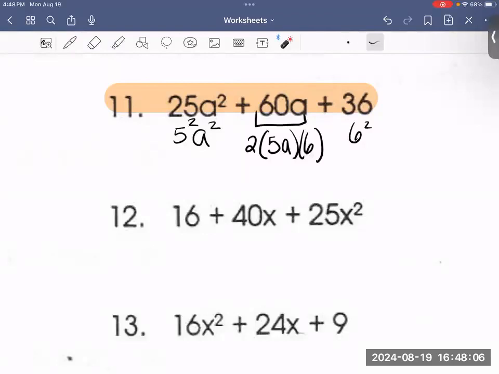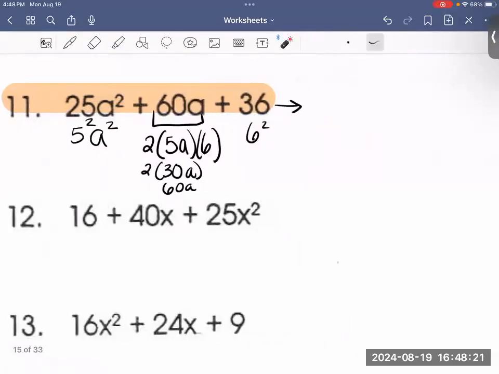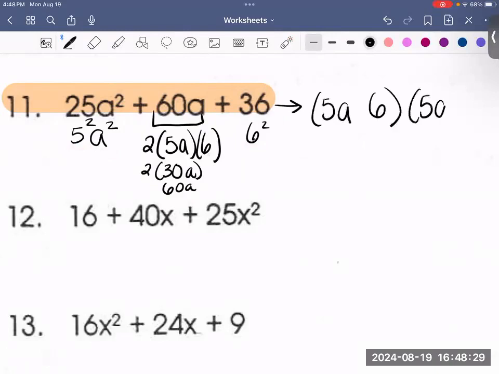So as long as that's true, so if the first and last are squared, then your middle term, 2 times 30a, will be 60a. We can then say, okay, if that is true, then we have 5a and 6, and we have two of them: 5a plus 6, 5a plus 6.